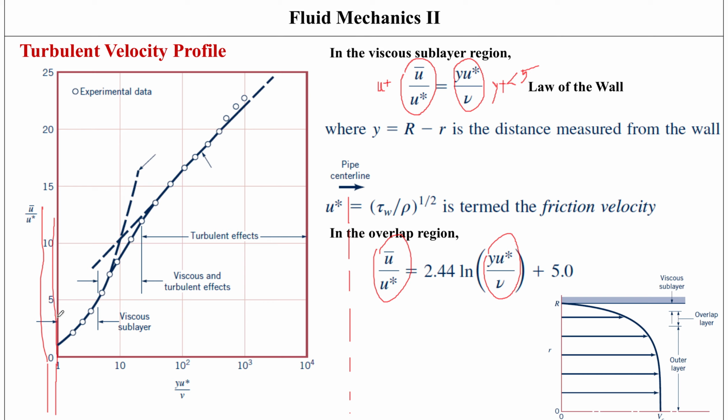It's going to be closer to the pipe wall. So this is my viscous sublayer. And this equation is also called the law of the wall because this is next to the wall. So this equation is only valid for the viscous sublayer. Do you see that?